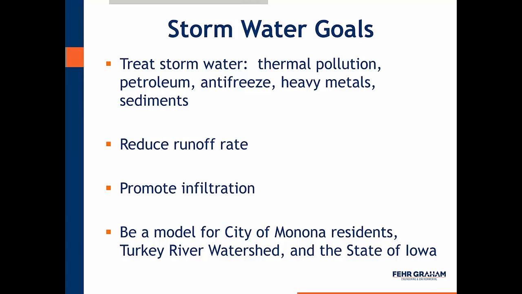Stormwater goals, drill down into this a little bit. We want to treat stormwater. So not only the standard pollution types of petroleum, antifreeze, heavy metals, sediments, the things that are on vehicles and fall off vehicles in a parking lot, but also thermal pollution, and that's if we had an asphalt, for example, surface parking lot, gets very hot in the summer, 150, 160 degrees with the sun beating down on it.